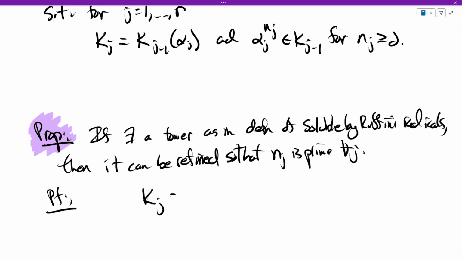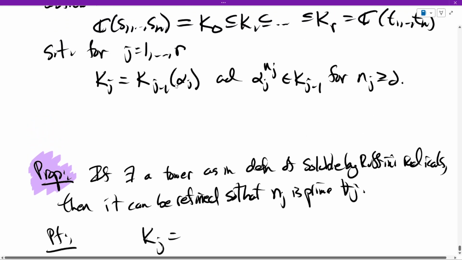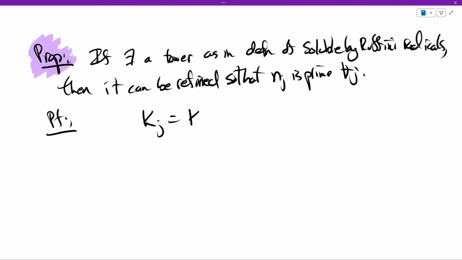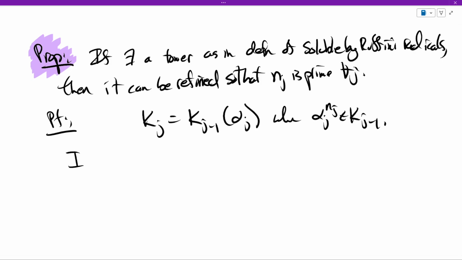We know that kj, as we've said here, is obtained from the previous one by adding in an nth root. So kj is kj minus 1 adjoin alpha j, where alpha j to the nj is in kj minus 1. Well, what we can do is write nj as some product of primes.